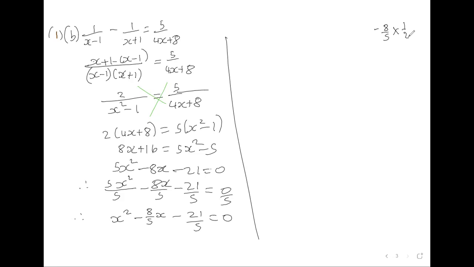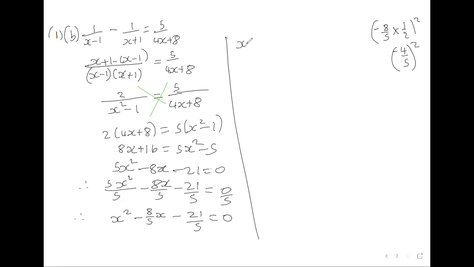And so we get negative 4 over 5. So this is now half of the coefficient of x. This value, we're going to square it, then add and subtract. The reason why we have to add and subtract the same quantity is that we don't want to change the equation.